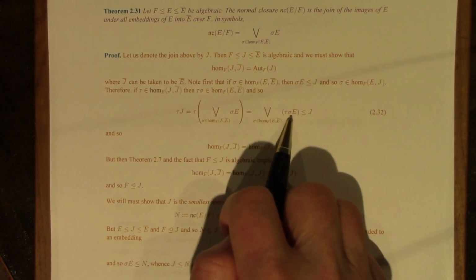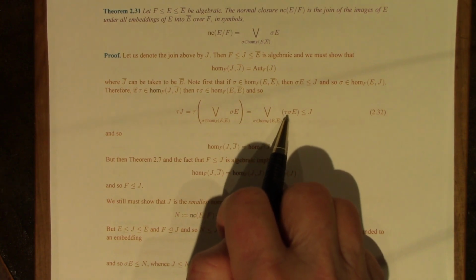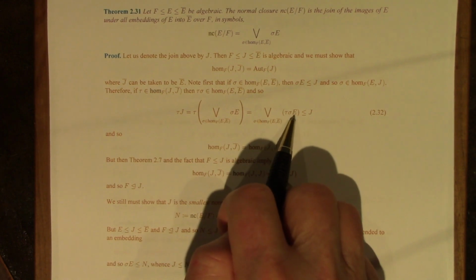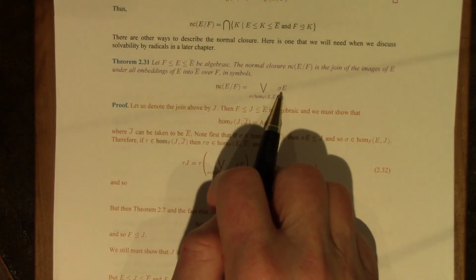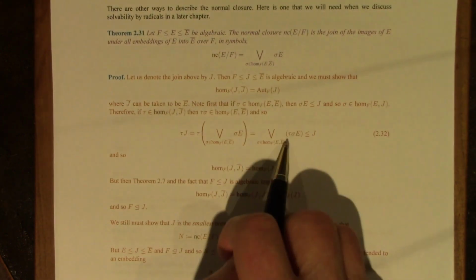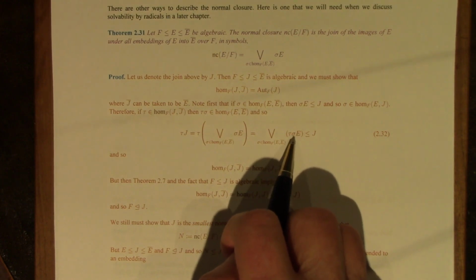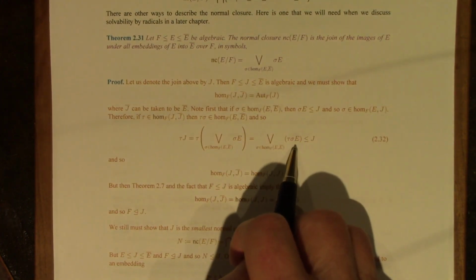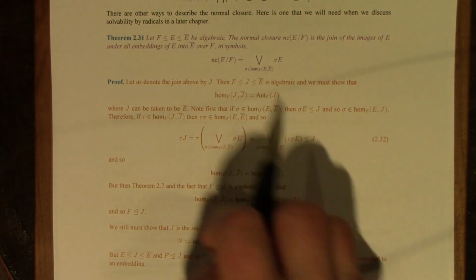Now each of these is an embedding of E into E bar applied to E, so it's of this type. So we have a join here of fields that are of this type. So we can say immediately that this is contained in this join.